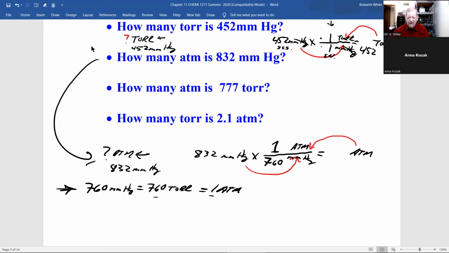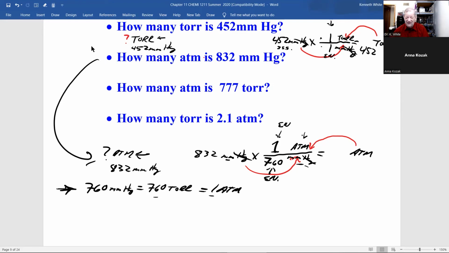And remember, this is a defined number. 1 is an exact number. 760 is also a defined exact number. And now, before I pick up my calculator, notice millimeters of mercury divided by millimeters of mercury cancel out, and I'm left with ATM, atmospheres. And now I can pick up my calculator, clear it first, and say 832 divided by 760.